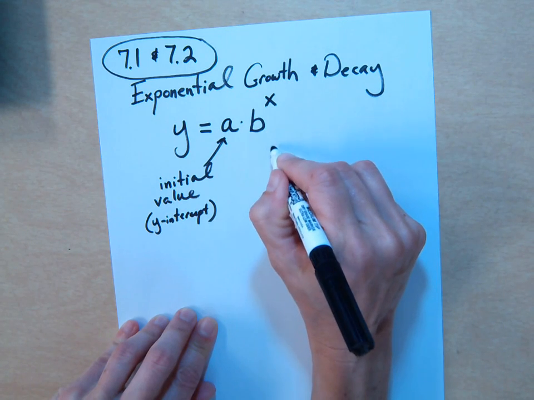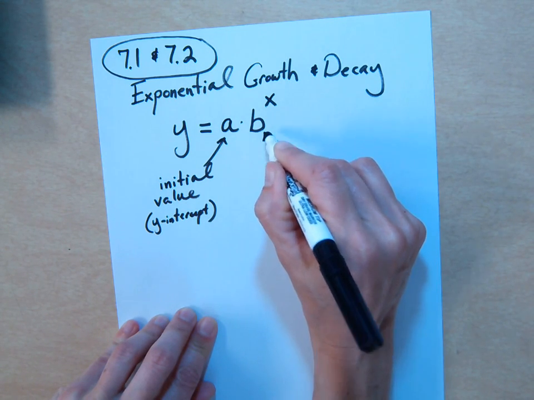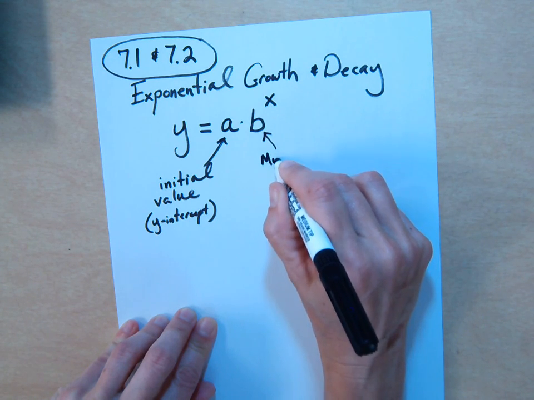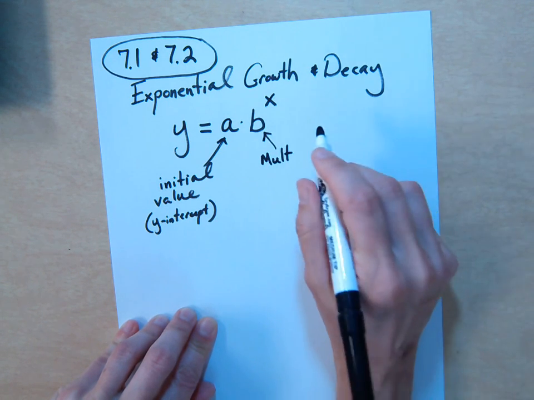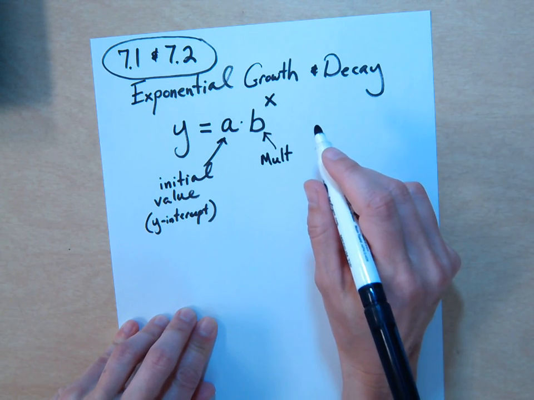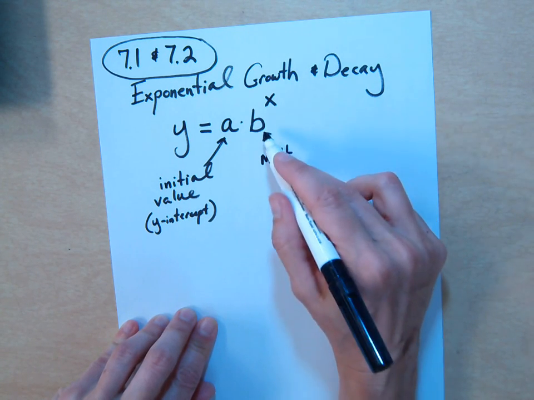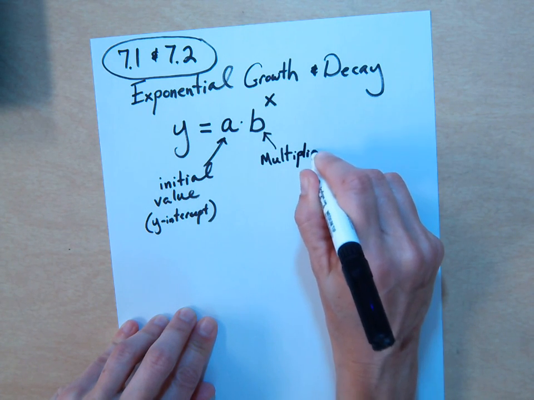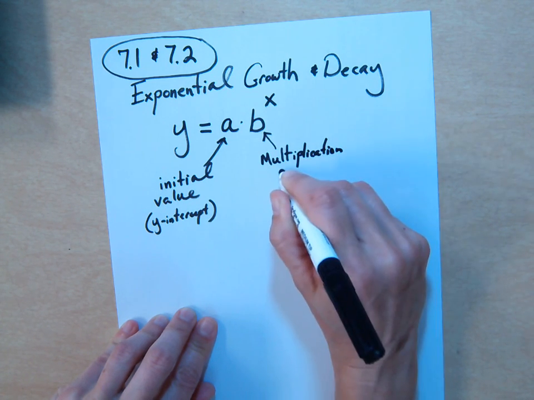This number b is called your multiplication factor. It's what you multiply by each time. So if you want to double something, if that's how your growth works, that would be a 2.